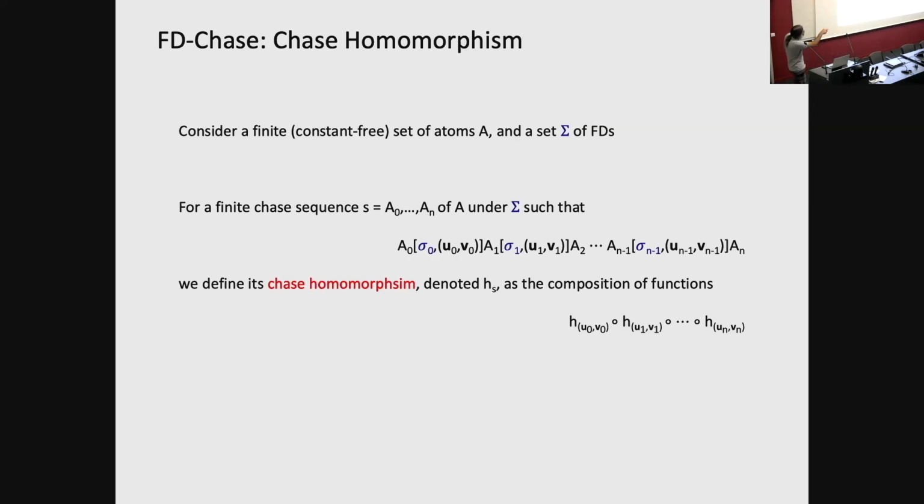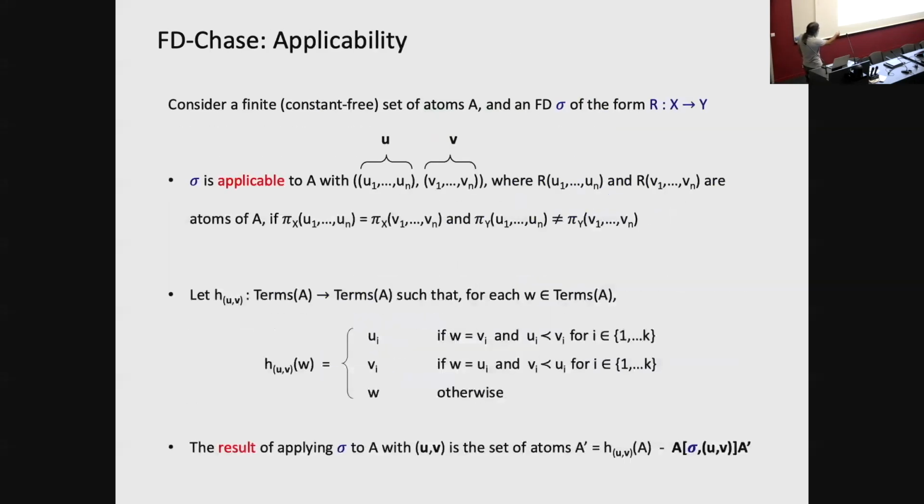Consider a finite chase sequence, which is a finite sequence of sets of atoms, such that each AI plus 1 is obtained from AI via the application of a functional dependency with a certain witness. And then to define this chase homomorphism, which I denote by HS, we simply need to collect all the functions that we have used at each single step. So recall that this is the function that we defined here, which tells us how variables are replaced with other variables.